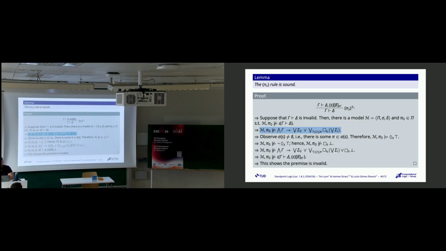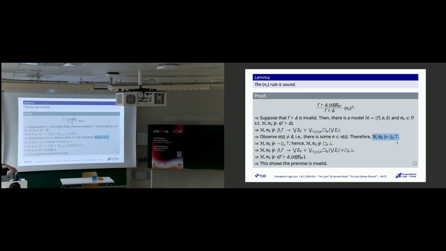And now we're going to make an observation to manipulate this formula and transform it into the formula interpretation of the premise, just as we did in the previous cases. We observe, as I had said just a moment ago, that the interpretation of every standpoint is non-empty. And therefore, there has to exist a precisification in the interpretation of S. And what this implies is that in our model, at pi naught, we have the following formula being satisfied, diamond S top.